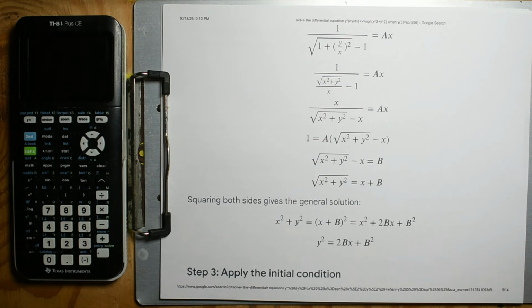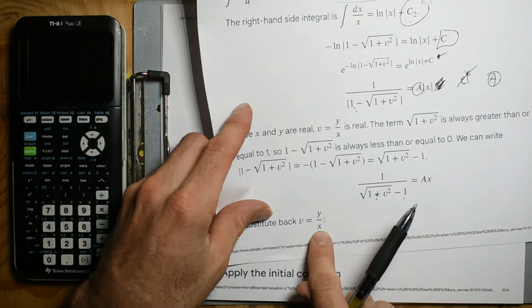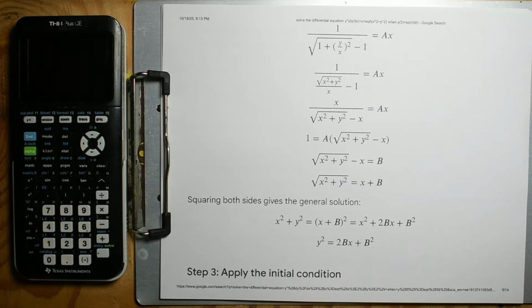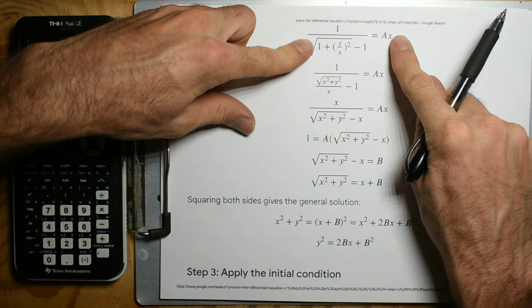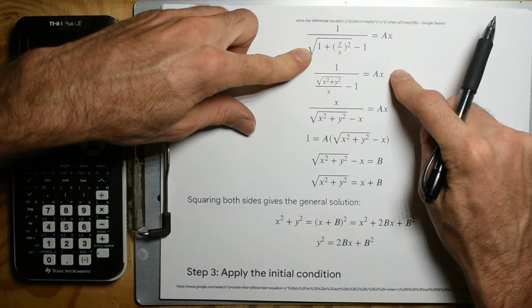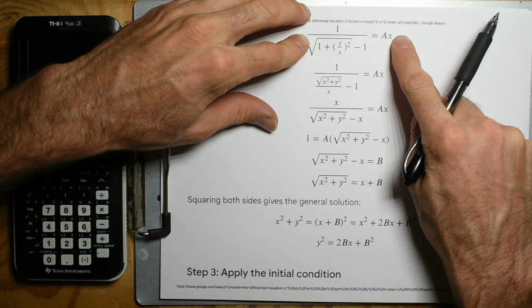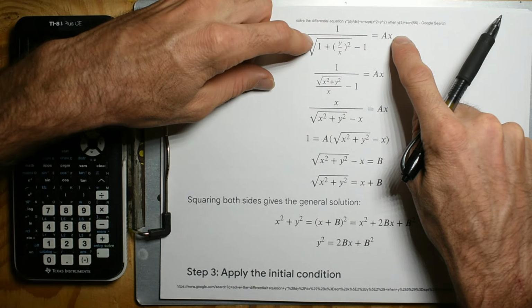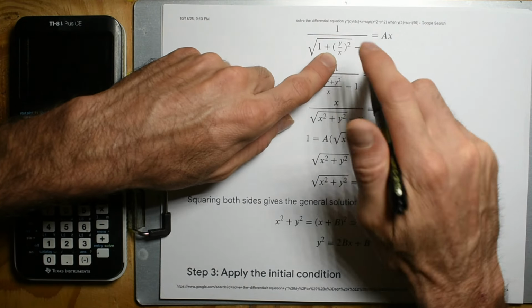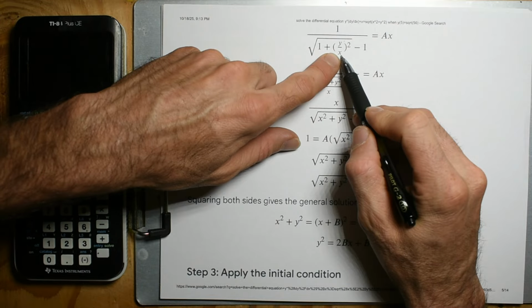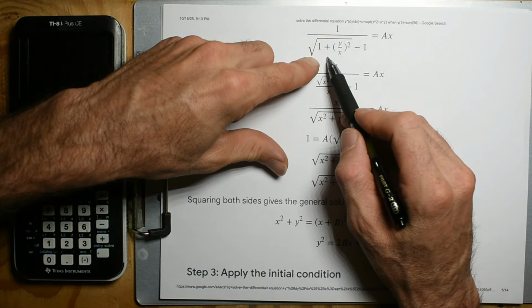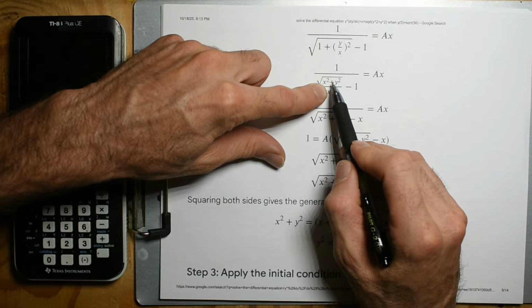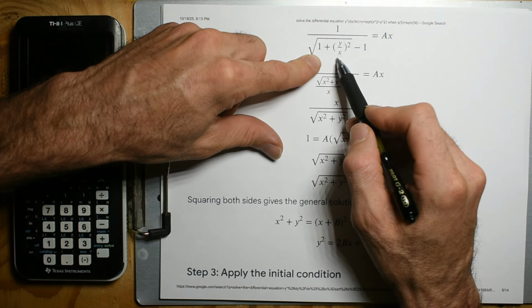Substitute back the y divided by x for your v. And so now what? Well, I don't know. Oh. And then you're going to have y squared divided by x squared. To get these two the same, you're going to have x squared divided by x squared. So now you're going to have x squared plus y squared divided by your x squared.